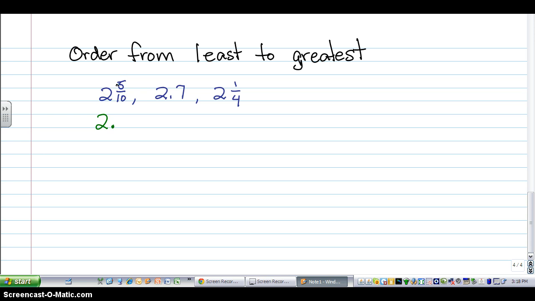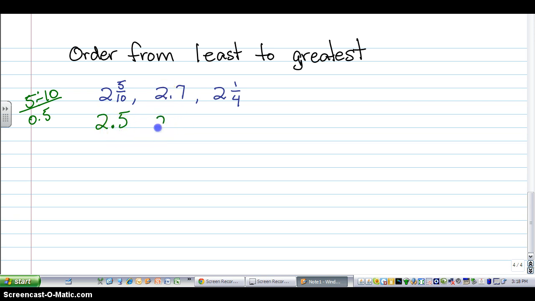Perhaps you know, wow, that's a half. And a half is 0.5. If you didn't know 5/10 was a half, you could just simply, on your calculator, do 5 divided by 10. And that would give you 0.5.